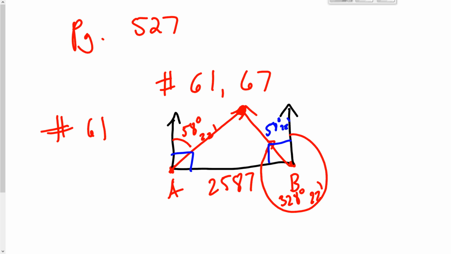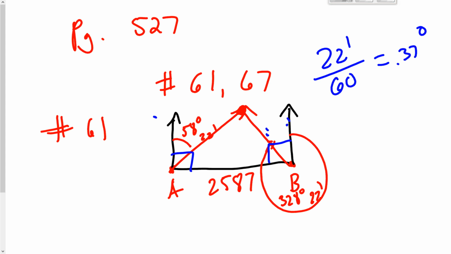Let's find out how many degrees 22 minutes is, because we want to convert these to decimal degrees. So we divide that by 60, because in 60 minutes there is 1 degree, right? So we take 22 and divide it by 60. That's approximately 0.37 degrees.